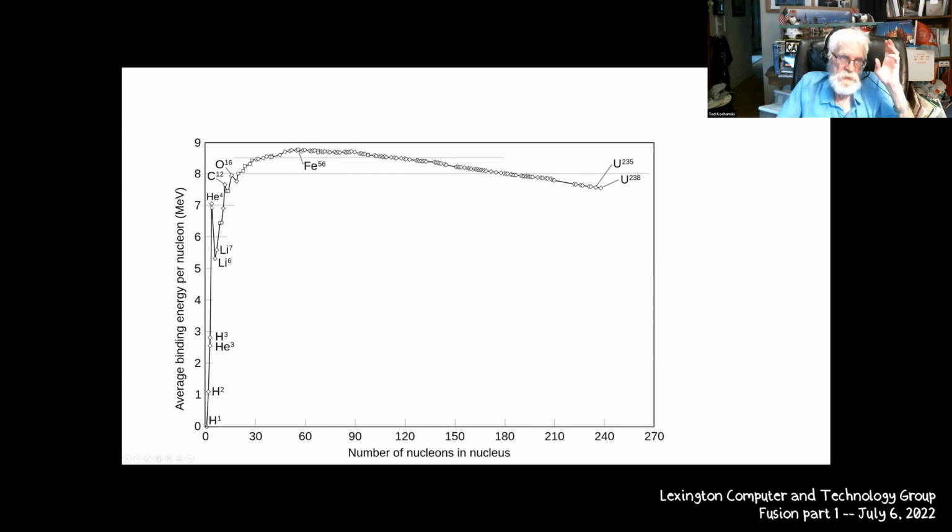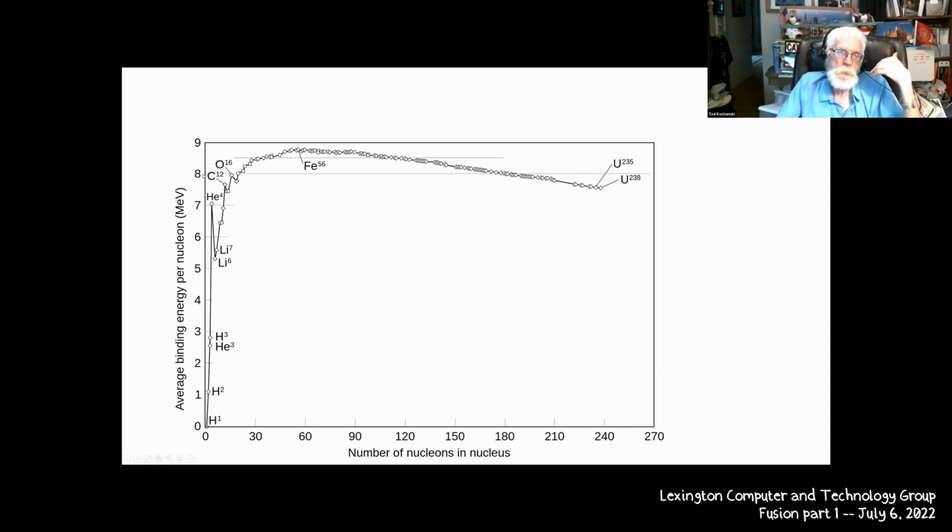In fact, it's as tightly bound as it's going to be for a while. There's a drop down, then you get to lithium. That's relatively important, that there's this difference between these two and this one. And then you start climbing again. And as you climb, you start to cross a boundary that's kind of an important boundary.